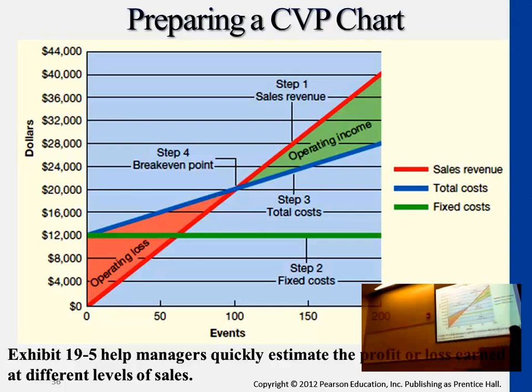So the slope is what? How do we determine the slope of the blue line? Remember the slope? What is the slope? Fixed cost is here, the green line.